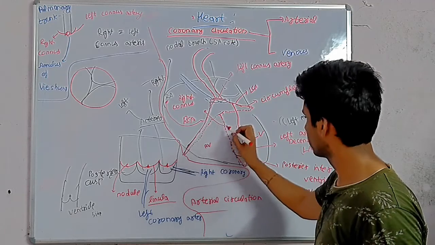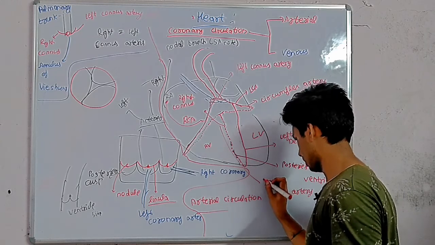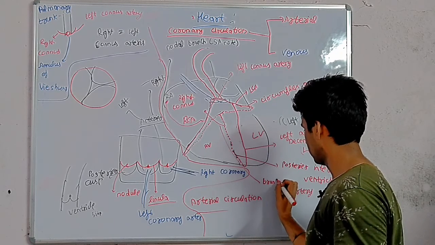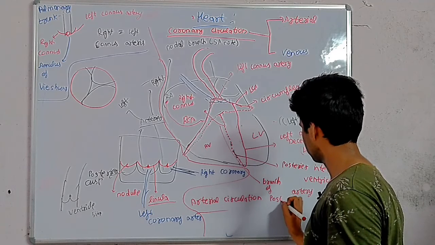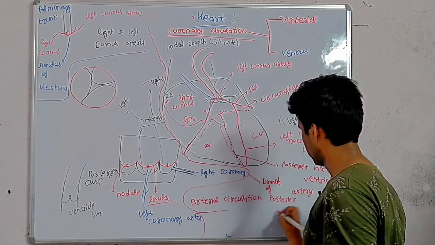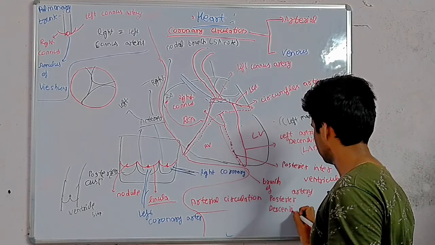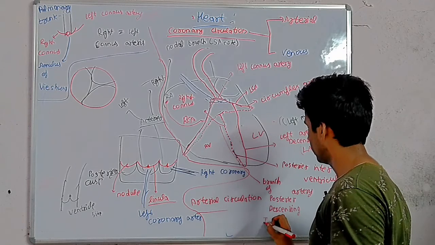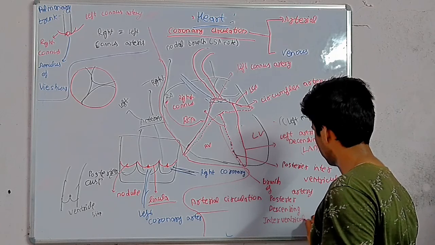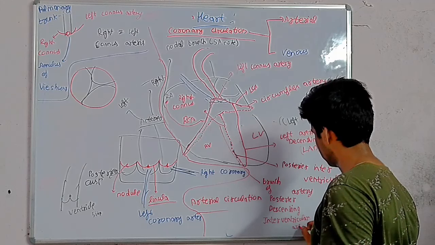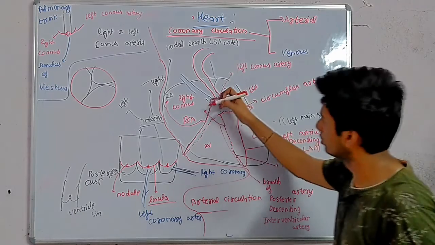This is a branch of the posterior descending interventricular artery, which supplies the AV node.